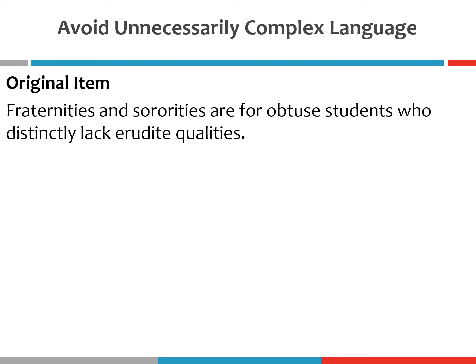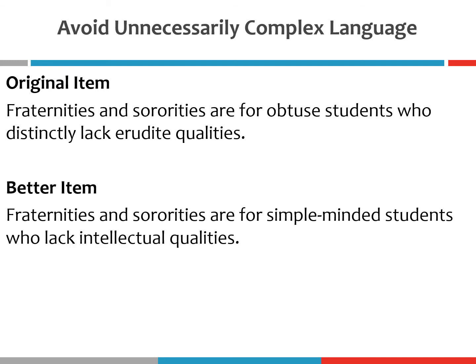That's a lot of big words. A better item, again, I'm not endorsing this item, might be: fraternities and sororities are for simple-minded students who lack intellectual qualities. Again, not saying this is true in the slightest, but it is a clearer question.